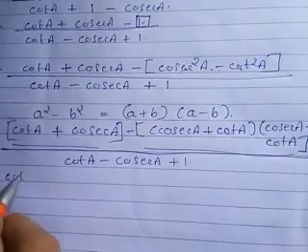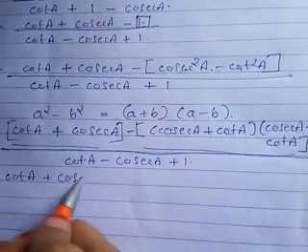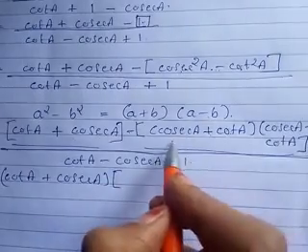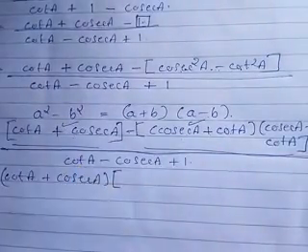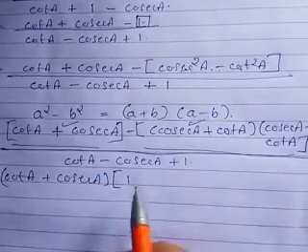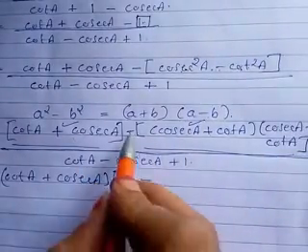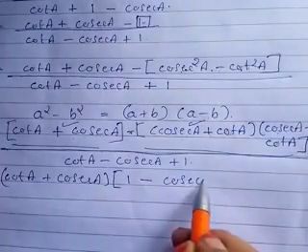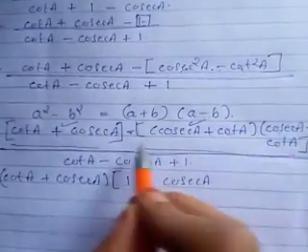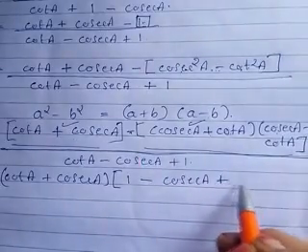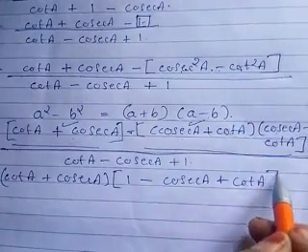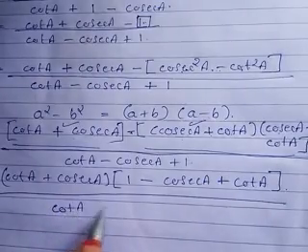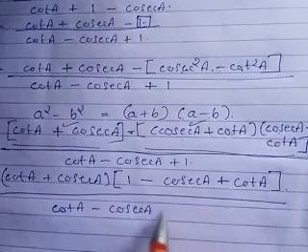Bring out the common factor, cot A plus cosec A. Now here 1 is left over: 1 minus (cosec A minus cot A), minus into minus gives plus cot A, bracket close, divided by cot A minus cosec A plus 1.